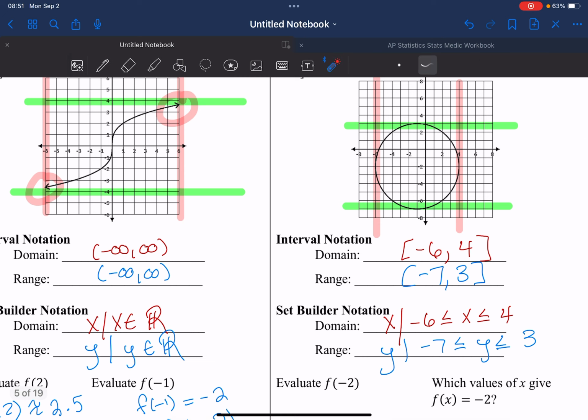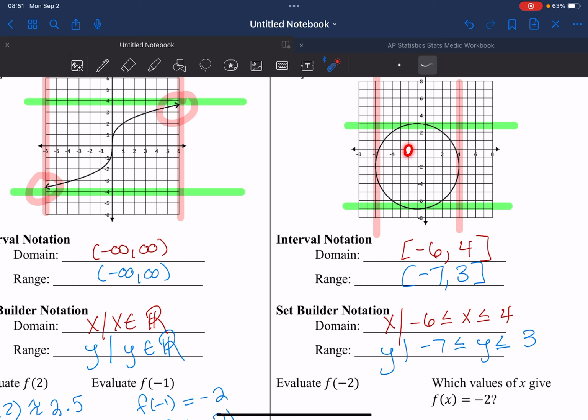Okay. Now we have to evaluate f of -2. So we need to find -2 on the x's. And remember I said since this is not a function, we are going to have to share some x value. So notice not only can I go up, I can also go down.